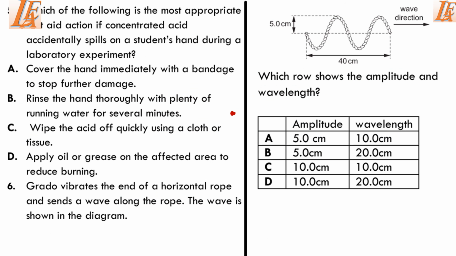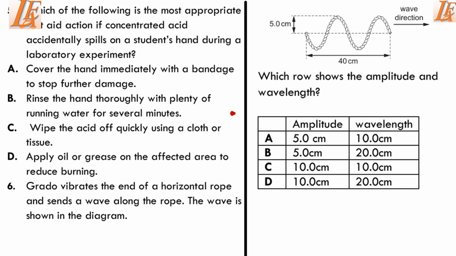The fifth question, which of the following is the most appropriate first aid action if concentrated acid accidentally spills on a student's hand during a laboratory experiment? A. Cover the hand immediately with a bandage to stop further damage. B. Rinse the hand thoroughly with plenty of running water for several minutes.